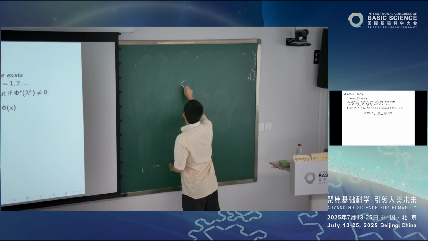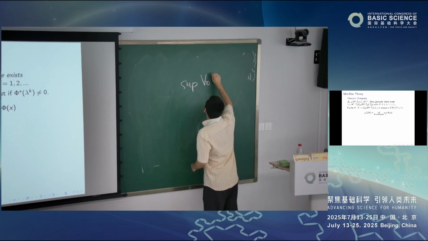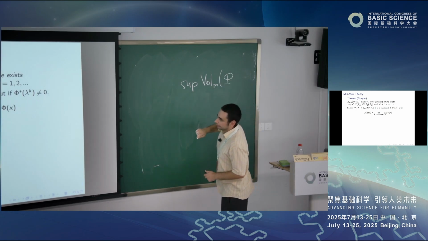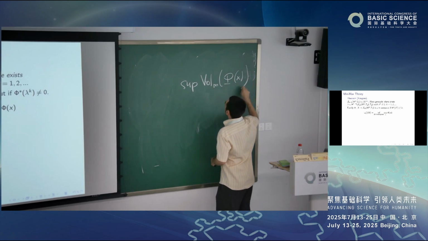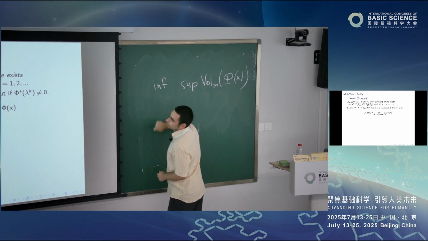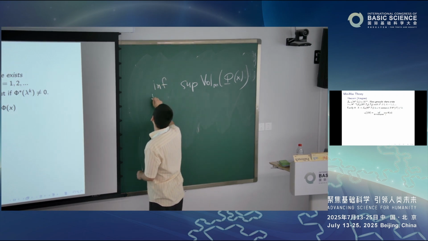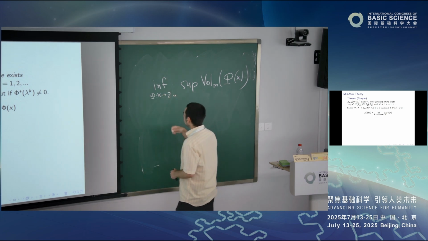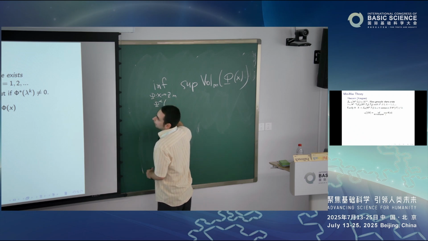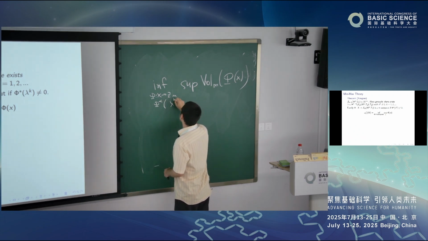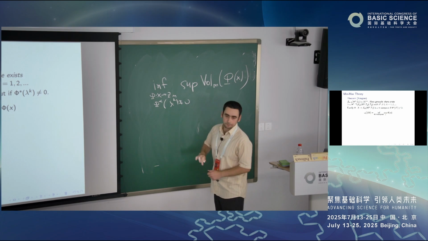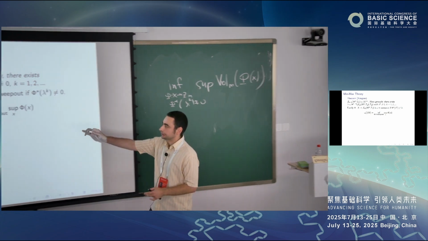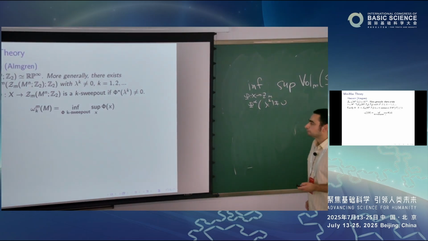So we're looking at the supremum of the volume m of phi of x, and we minimize over all maps into the space of m cycles such that the pullback of lambda to the k is non-zero. So in the same way as we did before, but now with a slightly different space.